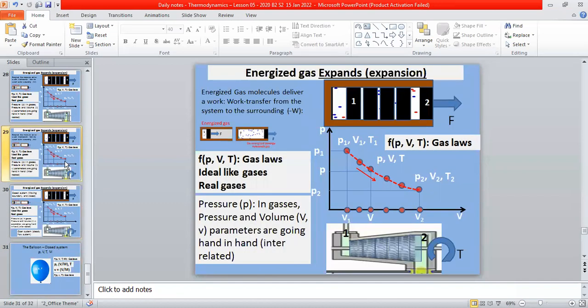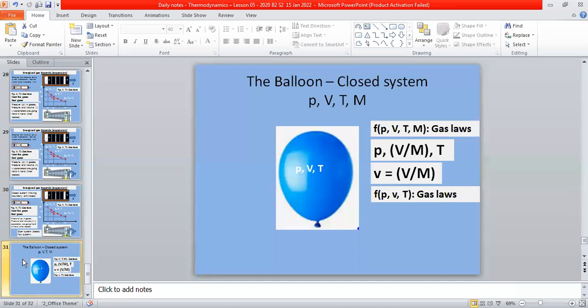Later we will see what the P and V connectivity is.